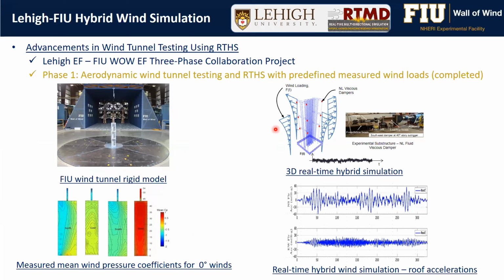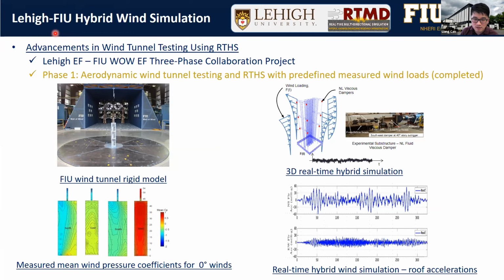Liang, would you like to discuss the real-time hybrid simulation? Yeah. So, Amal, you can help me go to the next slide when I say it. For the first phase, as I presented before, FIU built rigid building models, and we obtained the wind pressures, and we used these wind forces as a predefined wind load, and we did hybrid simulations.